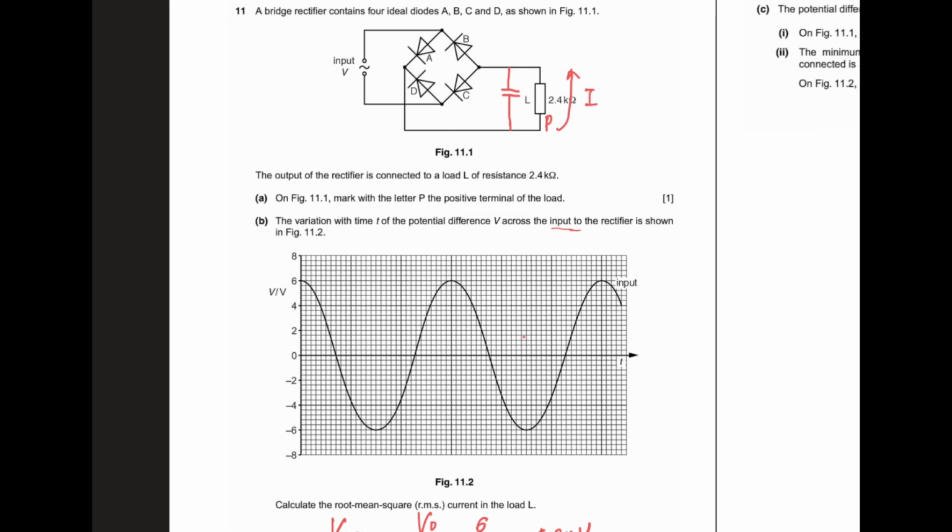First of all, we need to know that a graph like this, after full wave rectification, will become like that. Then there is smoothing also.